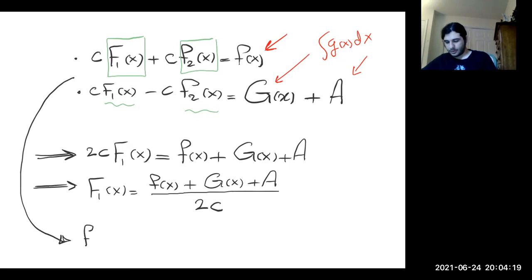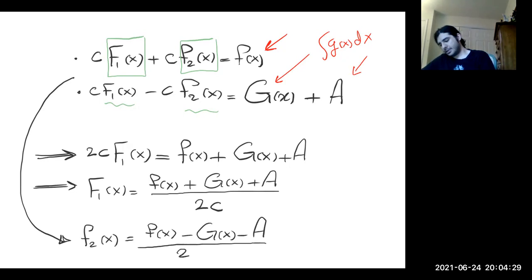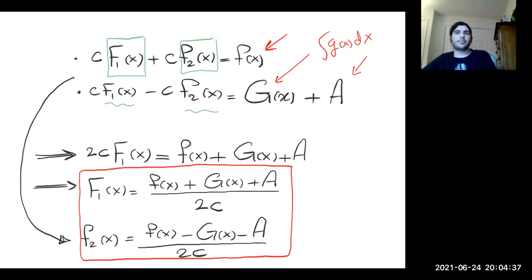So f2 of x would be equal to f of x minus G(x) minus a, over 2c. So we have f1 and f2 here. Is there any question about these computations? Let me wait for a few seconds to make sure you catch up and everything's clear to everyone.